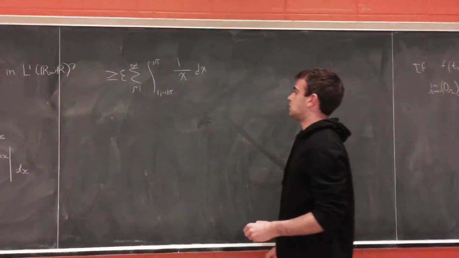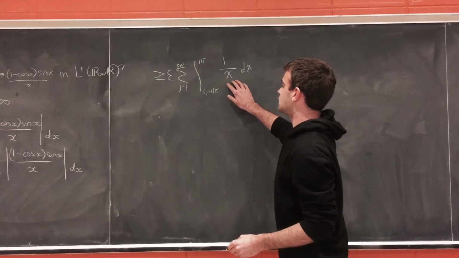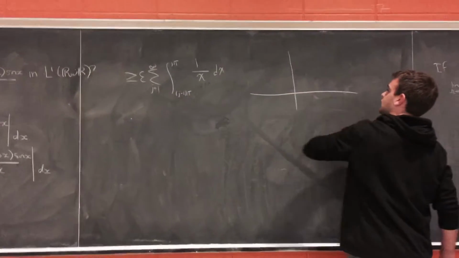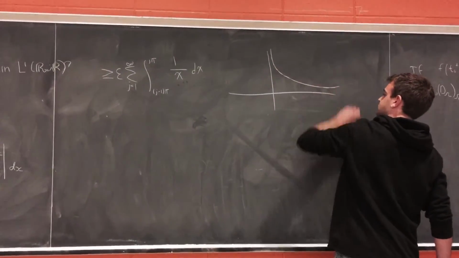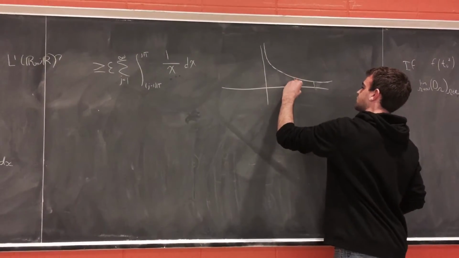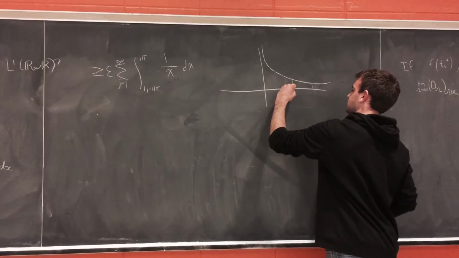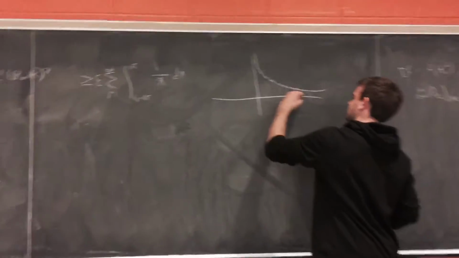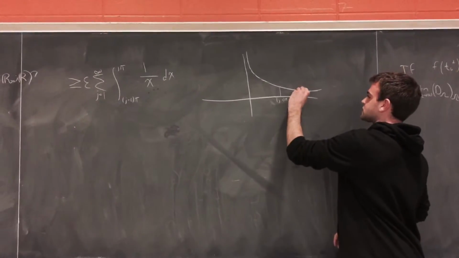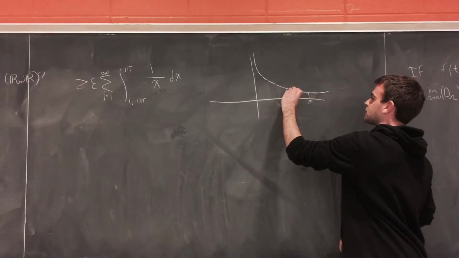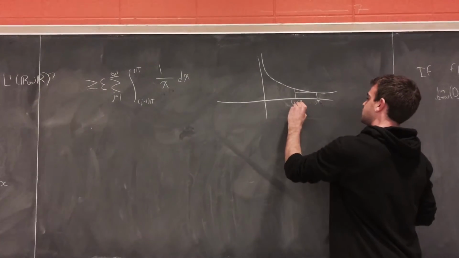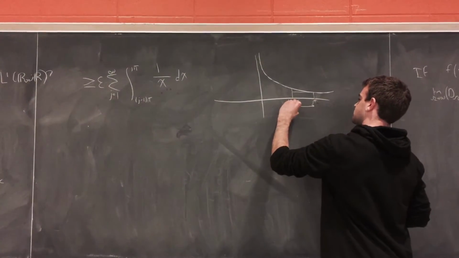So now we notice that we have a decreasing function on this interval, which means, if we draw this out, taking some arbitrary interval defined j minus 1 pi to j pi, this function is always going to be greater on that interval than 1 over j pi, and the width of this interval is going to be pi.